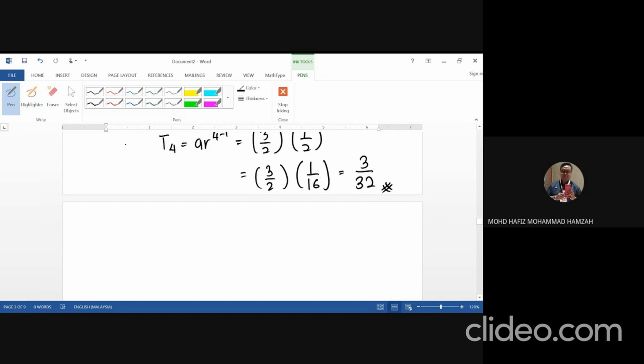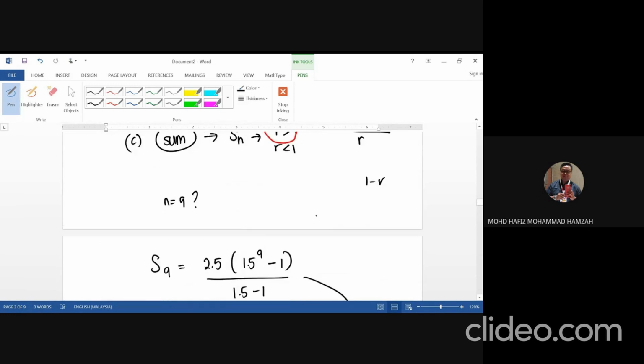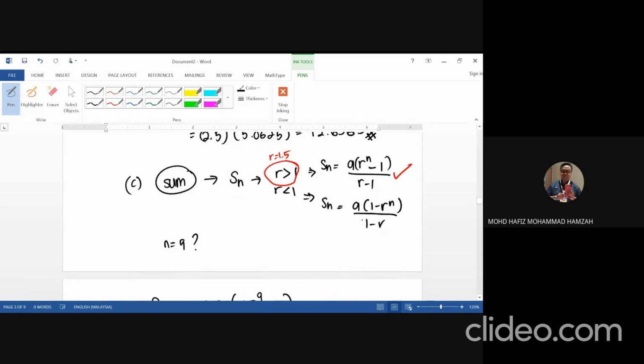Okay, lepas tu yang C pula, find the sum of the first 8 terms. So that means n equal to 8, so dia suruh cari S8. Okay. So note that kita akan pakai formula for R less than 1 tadi. We are going to use the second formula ni yang di bawah ni.